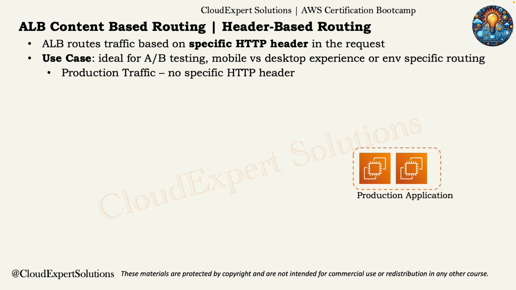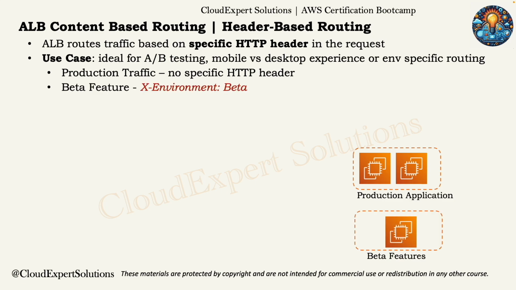In your web application, regular production traffic comes with no specific HTTP header, and you have a target group to handle existing production workload. You also have some beta feature and you want to test those beta features, and you have a separate target group where the beta features are deployed. Any beta testing traffic will come with an HTTP header called X environment equal to beta.